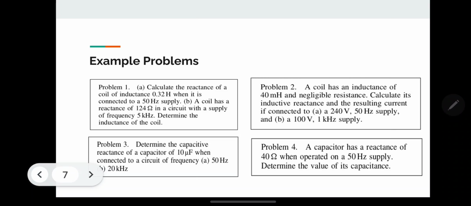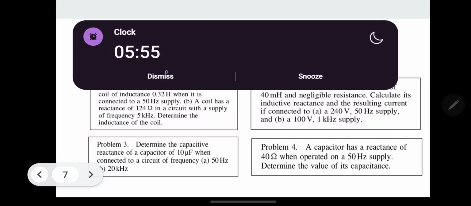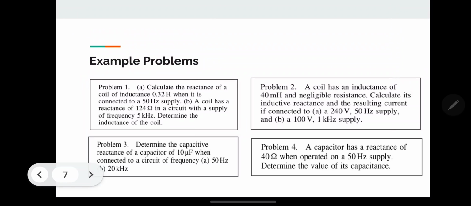calculate the resistance of a coil of inductance 0.32 Henry when it is connected to a 50 hertz supply. That's the first question. The second question is a coil has a reactance of 124 ohms in a circuit with a supply of frequency 5 kilohertz.